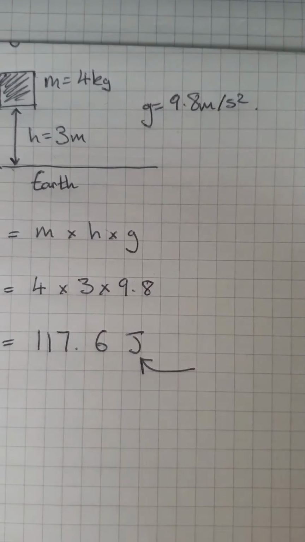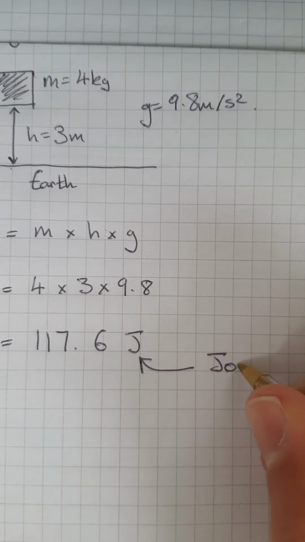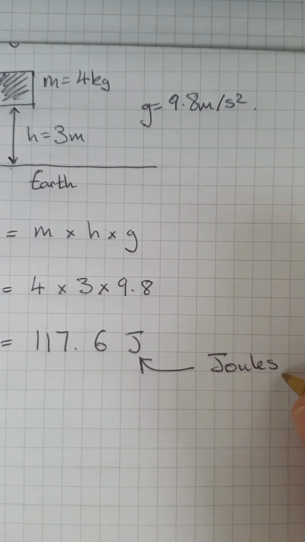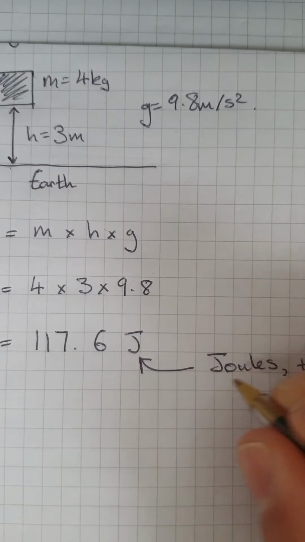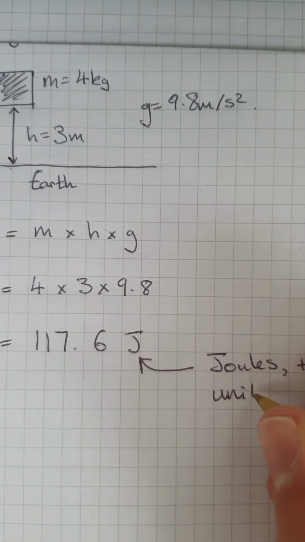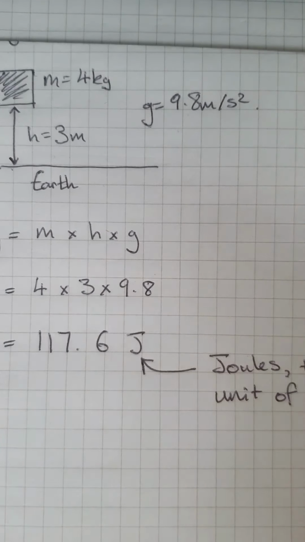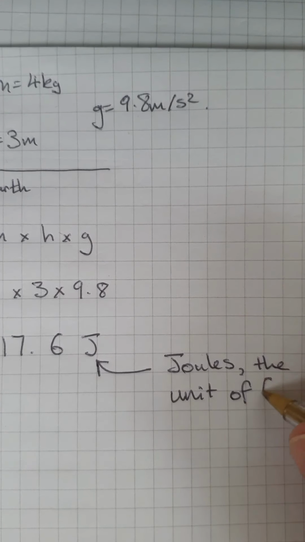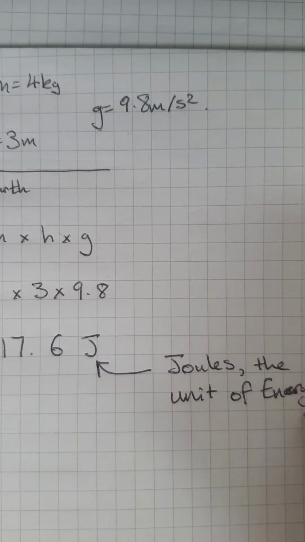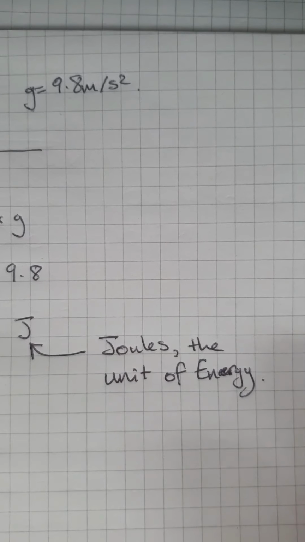J stands for joules, and it is the unit we use for any type of energy. So be that kinetic energy, gravitational, elastic, doesn't matter, it's always the same.